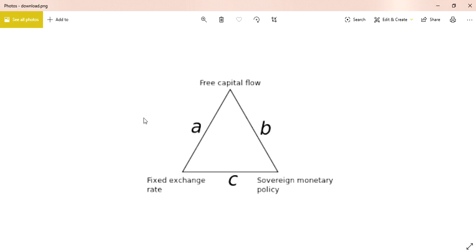Overall, regarding international trade, monetary policy and exchange rate, we should always remember this trilemma, the impossible trinity.